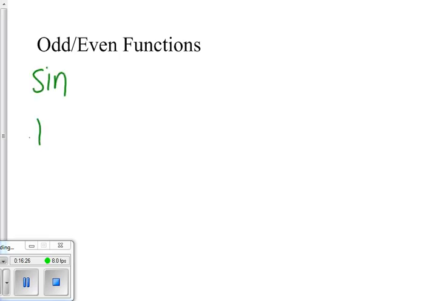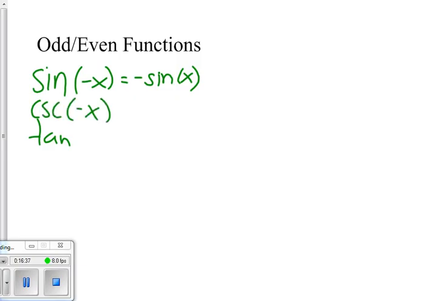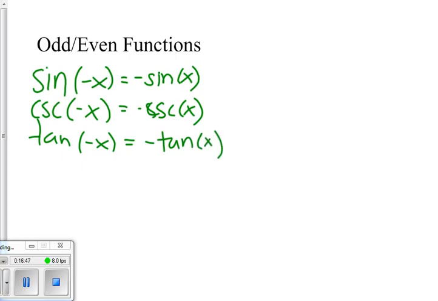So if sine is negative on the inside, sine's evil twin, cosecant x, stays negative. Tangent, if it's negative on the inside, is negative on the other side, and the same for cotangent.